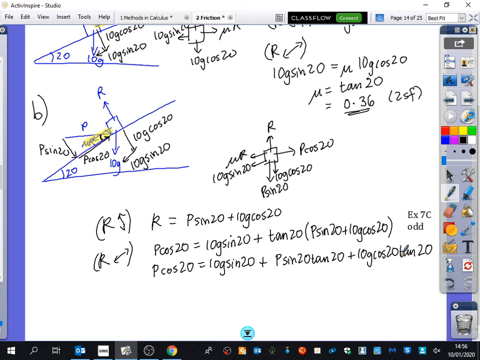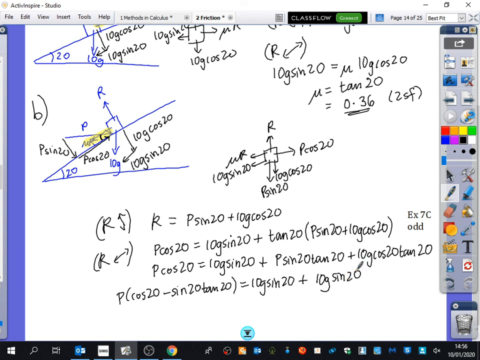The second one, tan 20 times cos 20 is sine 20. All it's going to save you is a bit of ink and a bit of time on your calculator, so we can simplify it if we want to. Let's get them all on one side. So I've got P cos 20, and I'm going to now subtract this: minus sine 20 tan 20 is equal to 10g sine 20 plus 10g, oh, this is also sine 20, isn't it?